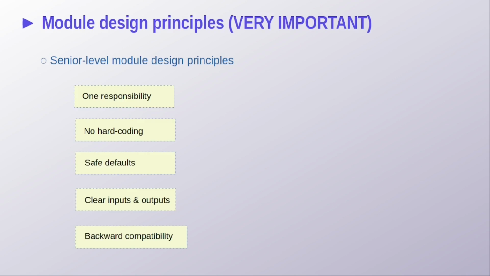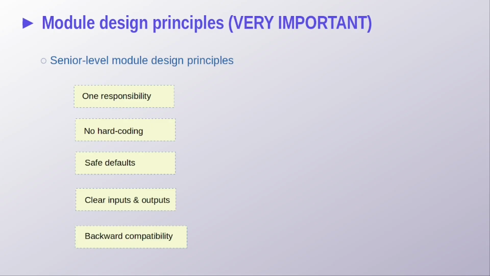Everything comes from variables. Principle 3: safe defaults, with safe, predictable behavior. Principle 4: clear inputs and outputs. Export only what is needed, nothing more. And principle 5: backward compatibility.